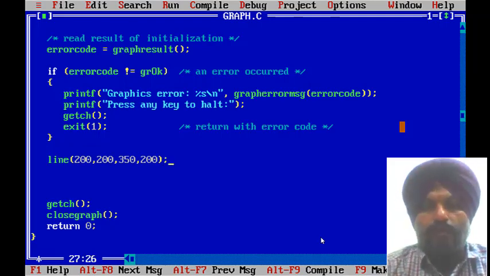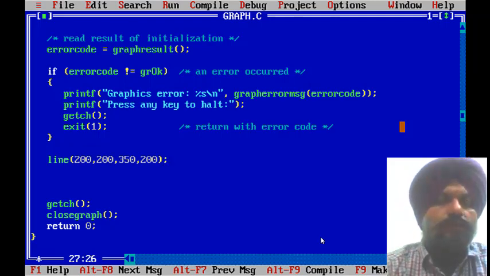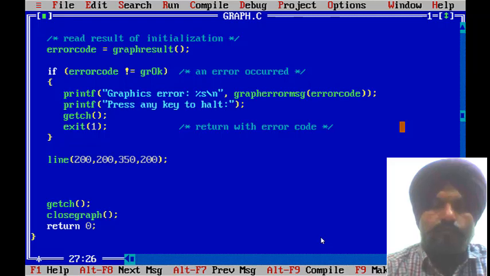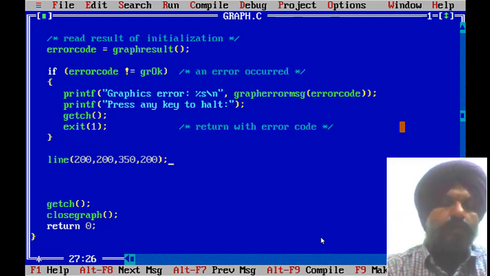So this is the first line of our square, having a 150 difference from the first point to the second point. Now see, this is the first line of our square.